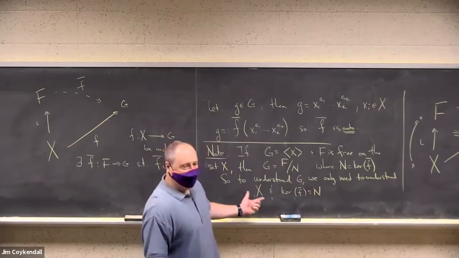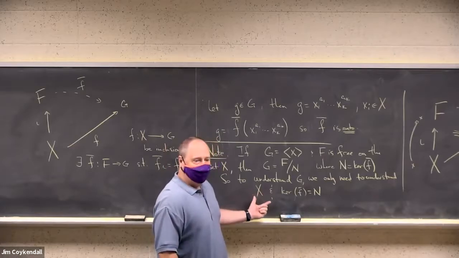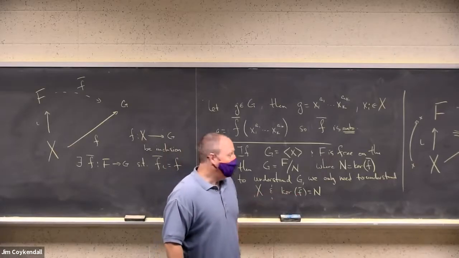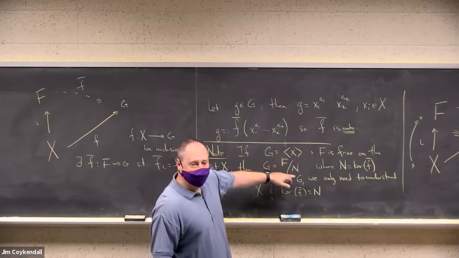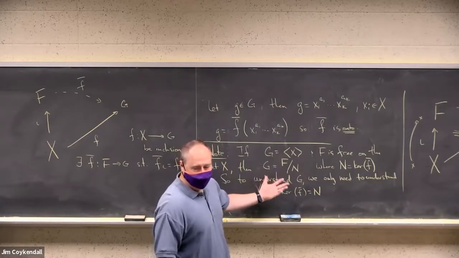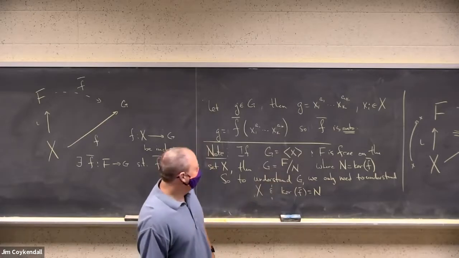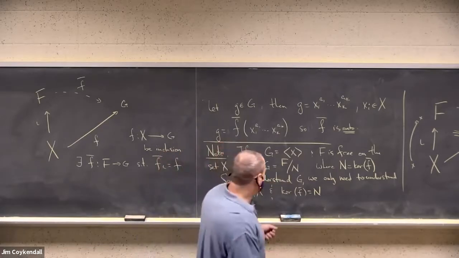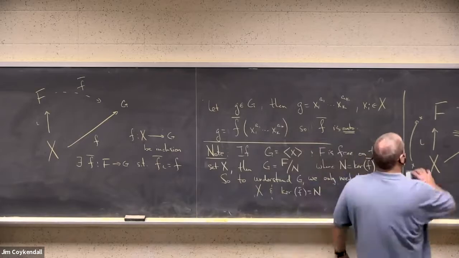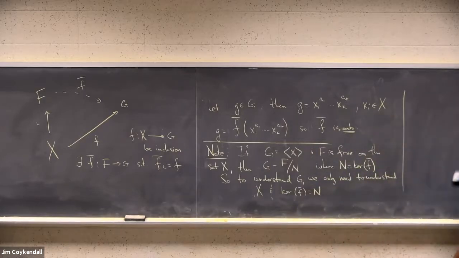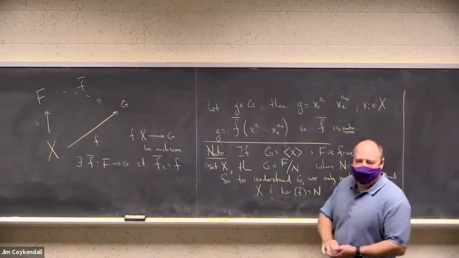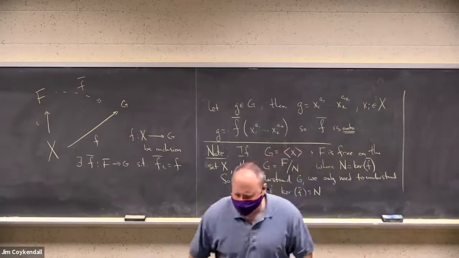Because once we have this data, once we have the generating set and the kernel N, then just take the free group on that set, mod N, and you've got your G. And this is where generators and relations, a term I've been throwing around earlier when we looked at, for example, the dihedral group, comes from.